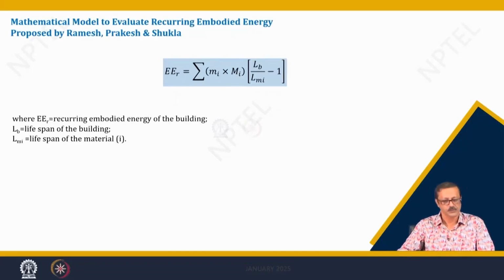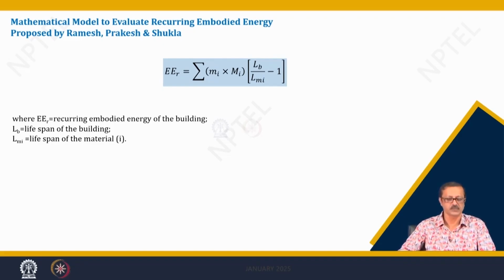They have also proposed the EER, the material embodied energy, but that is a recurring one, where they have used almost a similar formula, and they have two parts of the equation.